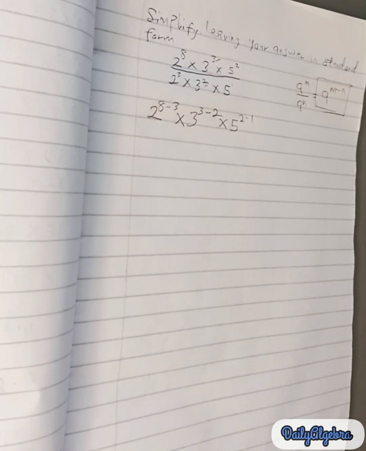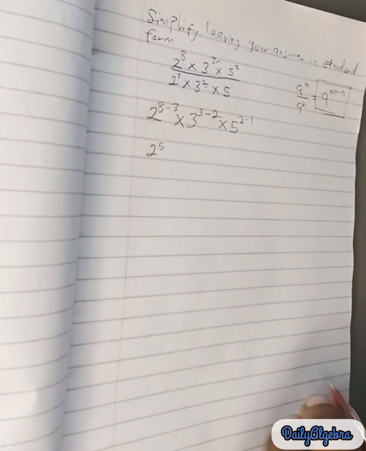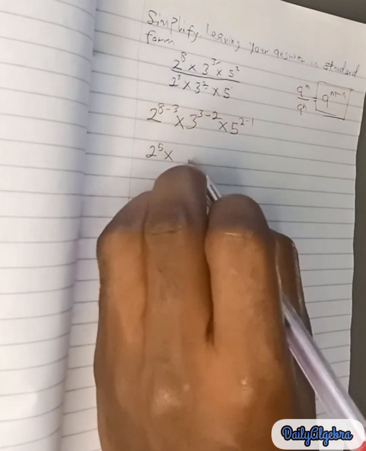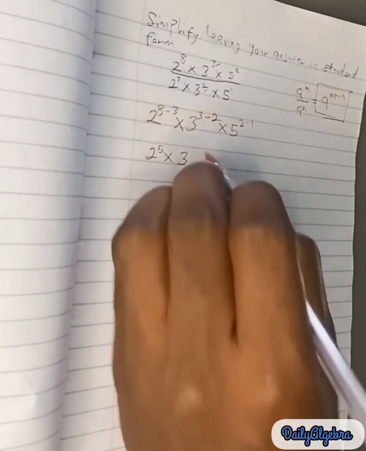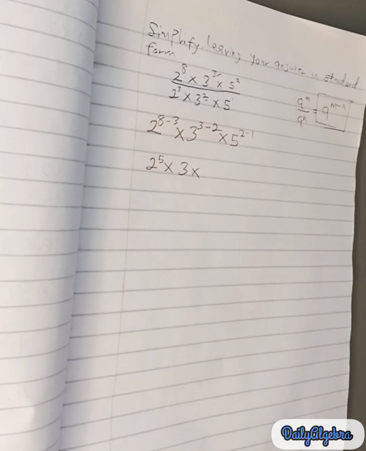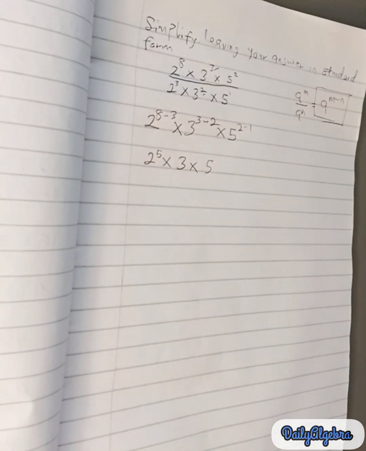So 8 minus 3 gives us 5, times 3 minus 2 is 1, so we have 3 power 1, times 2 minus 1, we have 1, so 5 power 1 is 5. 2 power 5 gives us 32.